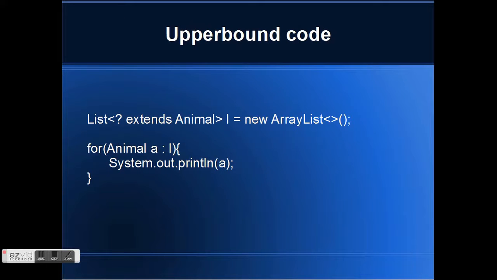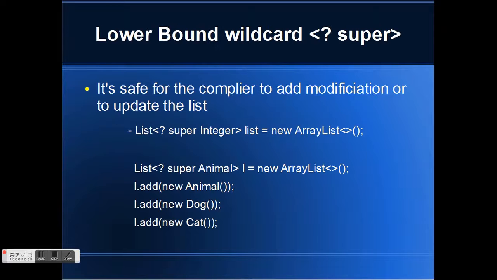It's safe for the compiler to add or modify with a lower bound. Okay, we're going to be talking about the lower bound wildcard, super. It's safe for the compiler to add, modify, or update the list. List<? super Integer> list = new ArrayList, List<? super Animal> = new ArrayList. As you can see in this code example, it's going from bottom to top, as upper is going from top to bottom.